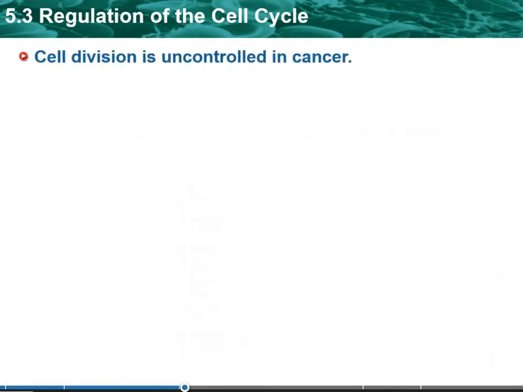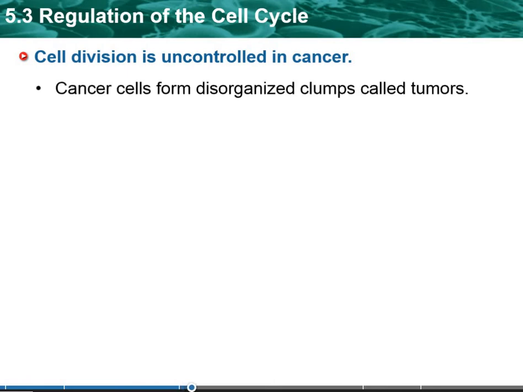Now, when cell division is uncontrolled, that can result in cancer. So cancer cells are disorganized clumps called tumors. There's two types of tumors. You have benign tumors, which benign means good, and malignant, which is bad.